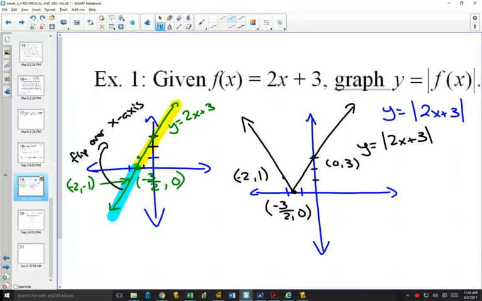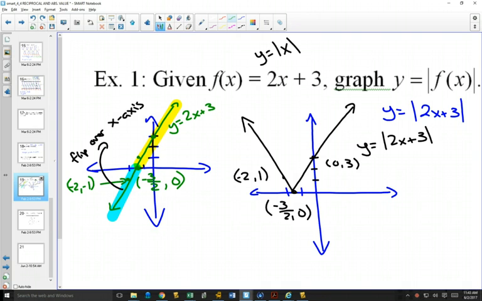We could have done this same question using our techniques from Chapter 3, because one of our parent graphs in Chapter 3 in transformations was the absolute value of x. And so this just has some values inside. Whenever things happen inside the function, that affects the x values, it affects it horizontally.